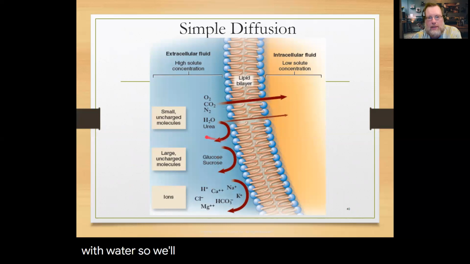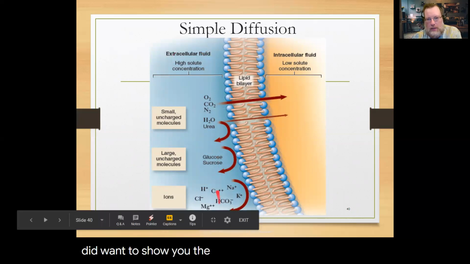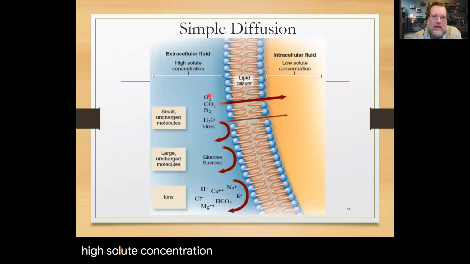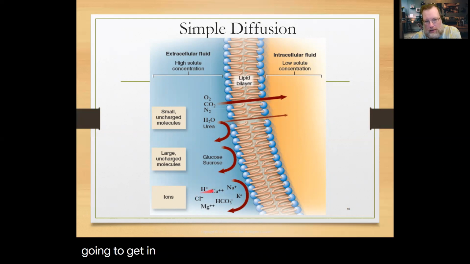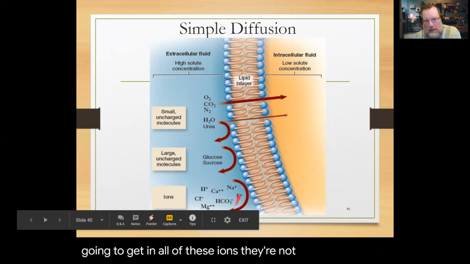We'll come back to that in just a second, but I did want to show you, in the extracellular space, we've got high solute concentration of oxygen, carbon dioxide, water, urea. And notice urea, not going to get in. Glucose and sucrose, not going to get in. All of these ions, they're not going to get in.